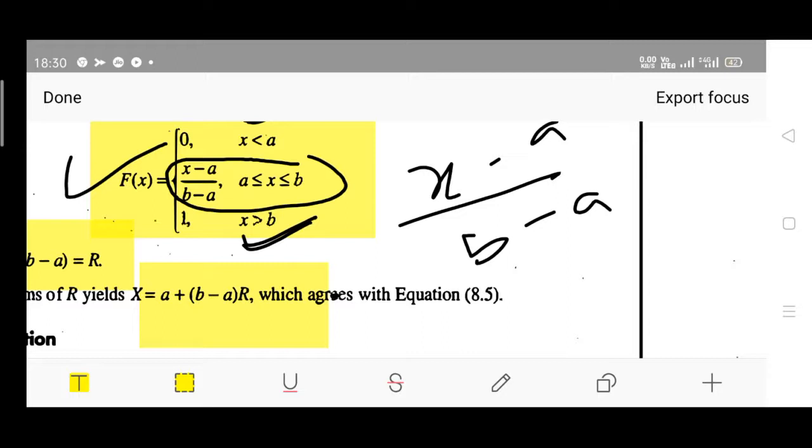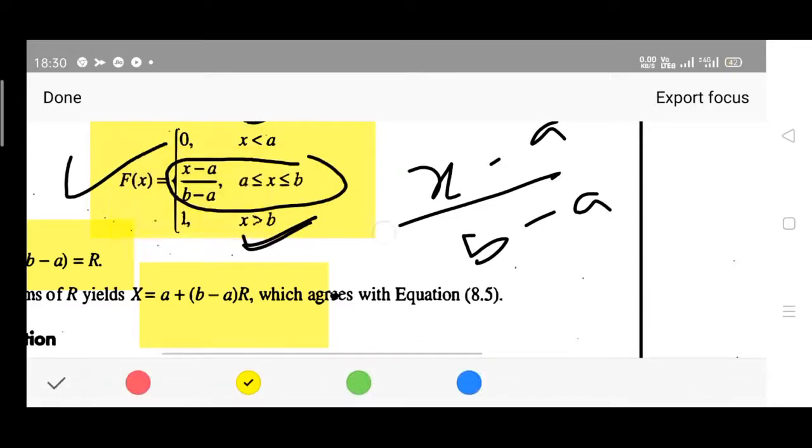Just go through what is highlighted over here.